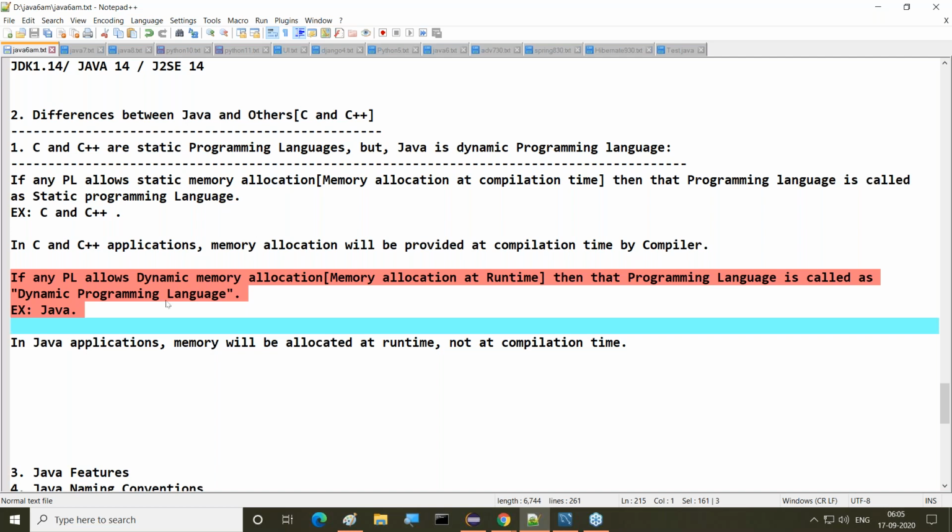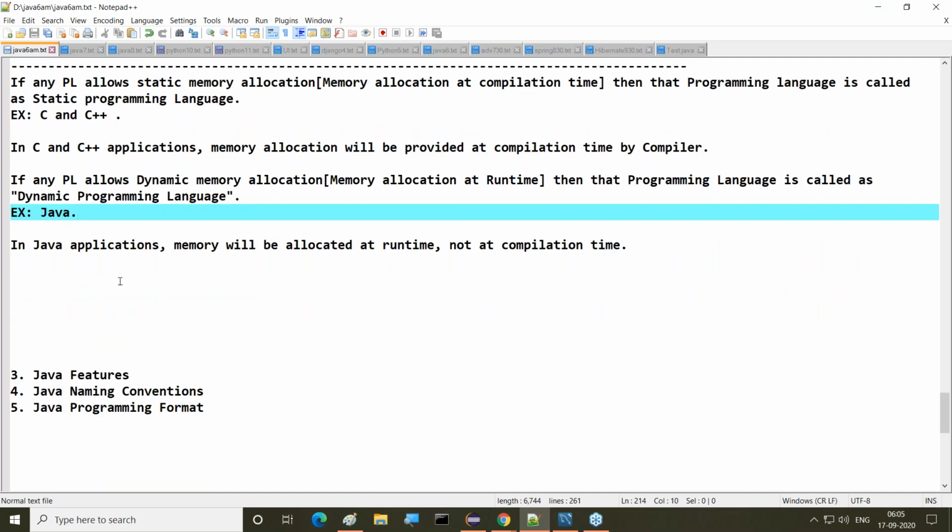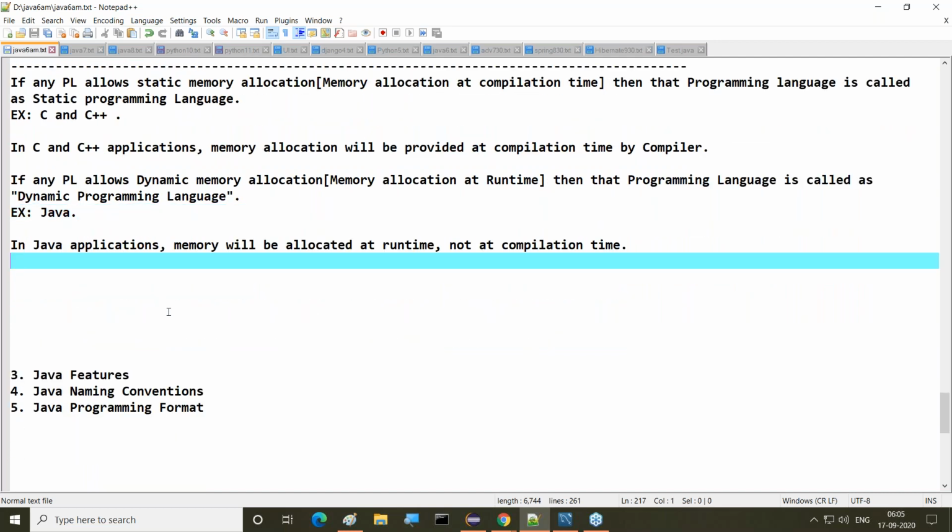If any programming language allows dynamic memory allocation, that is memory allocation at runtime, then that programming language is called a dynamic programming language. Example, Java. In a Java application, memory is allocated at runtime, not at compilation time. These are the points we understood in the last class regarding the differences.